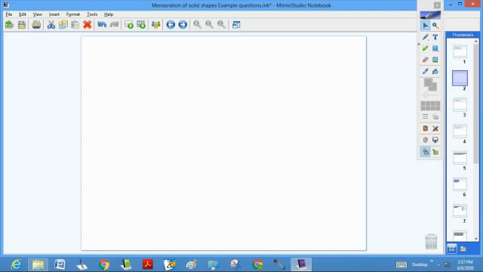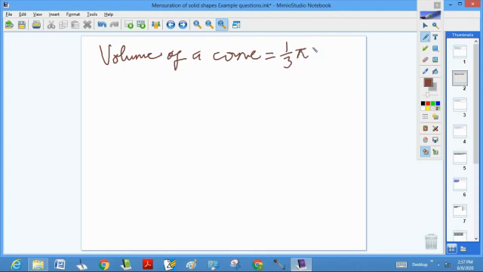The volume of a cone is given by 1/3 pi r square h, which, according to what's given, is v pi is equal to 1/3 pi r square h.